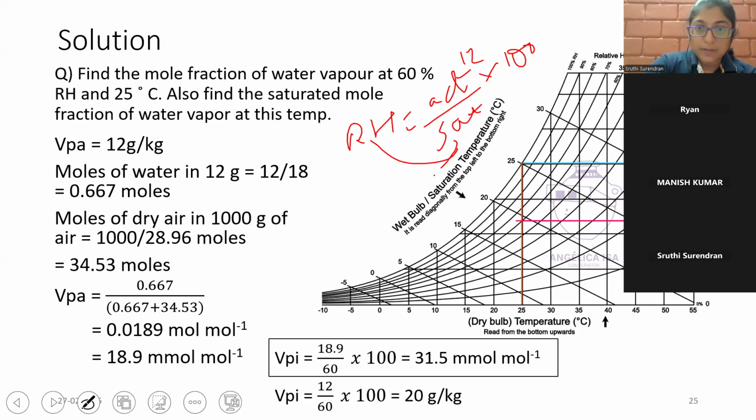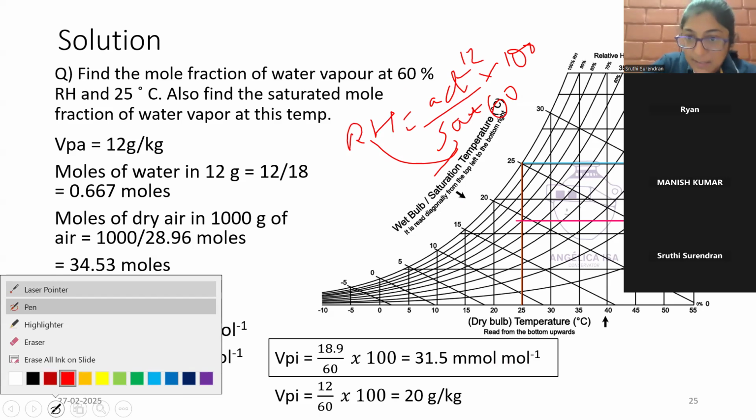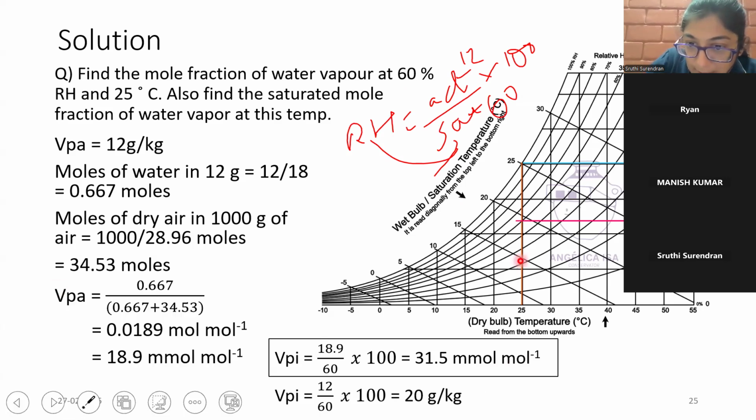Saturated we don't know, so we bring RH over here. It will be 60. So 12 by 60 into 100 will give us 20 grams per kg. So if you trace it in the chart, we'll see that at 25 degrees Celsius and 100% relative humidity, the saturated condition will exist. It is around 20 grams per kilogram.